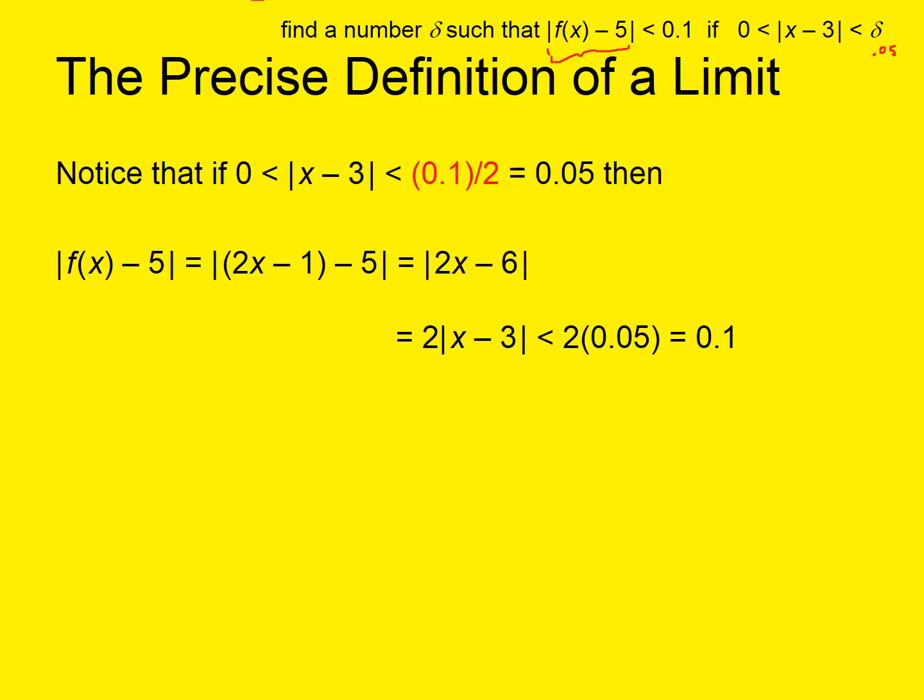What happens to this thing? What happens to that if we pick for our delta a number like 0.05?